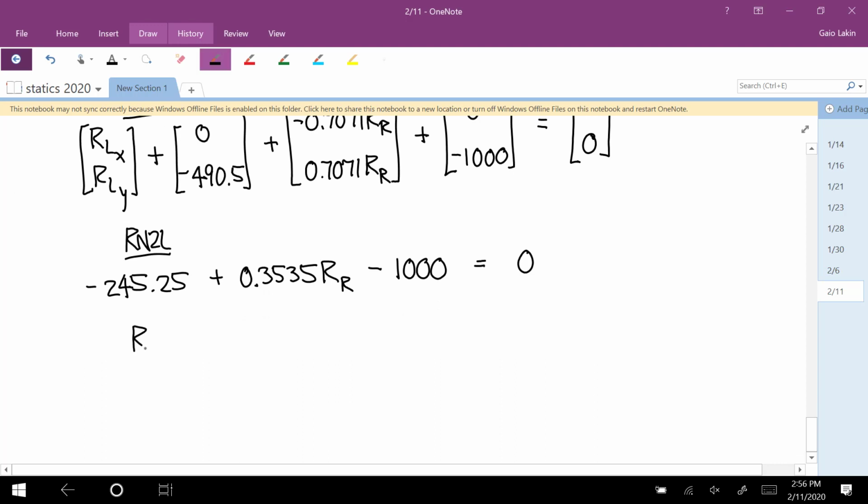And you get 3522.6 newtons. And then plug that value for RR into Newton's second law. And for RL, you get 2490.9 in the x direction and negative 1000.5 in the y direction.